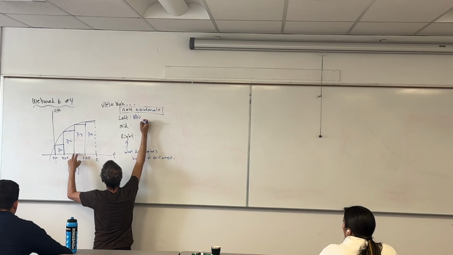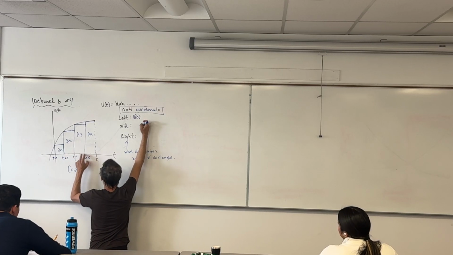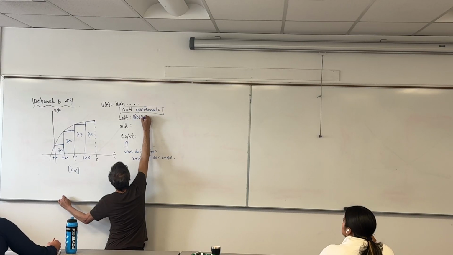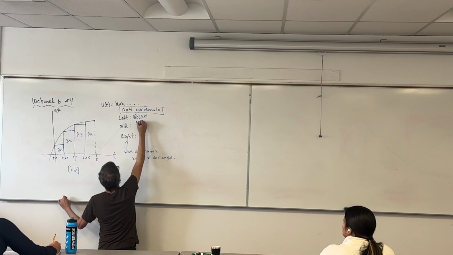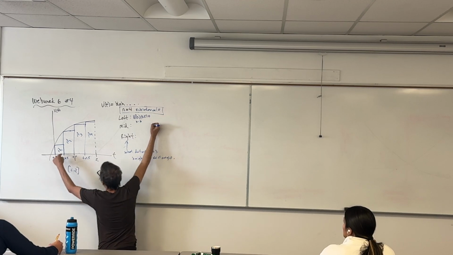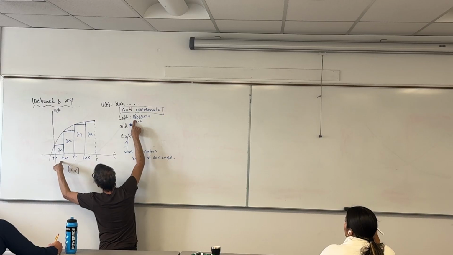That width is constant. It's not always going to be constant, and I'm going to switch that up today, but on this problem, those widths are always the same. So times 0.5. That's height times base. Then you have to figure out, what is v of 0? What is the next rectangle?